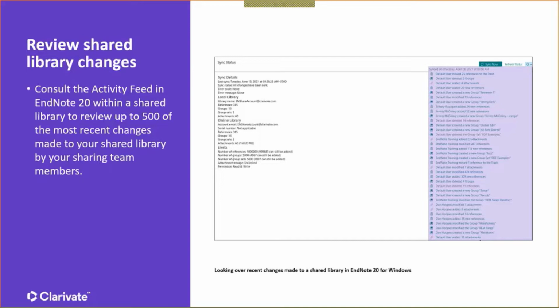If I was curious to see which references Dan had modified through that change, I would be able to click on that particular item on the activity feed, and EndNote would show me those references so I would be able to confirm whatever change was made. I did want to point out that from the activity feed, you can't undo a change. So it is, like I mentioned, important to save regular backups of your EndNote library, whether or not you're choosing to share your library with other EndNote users.